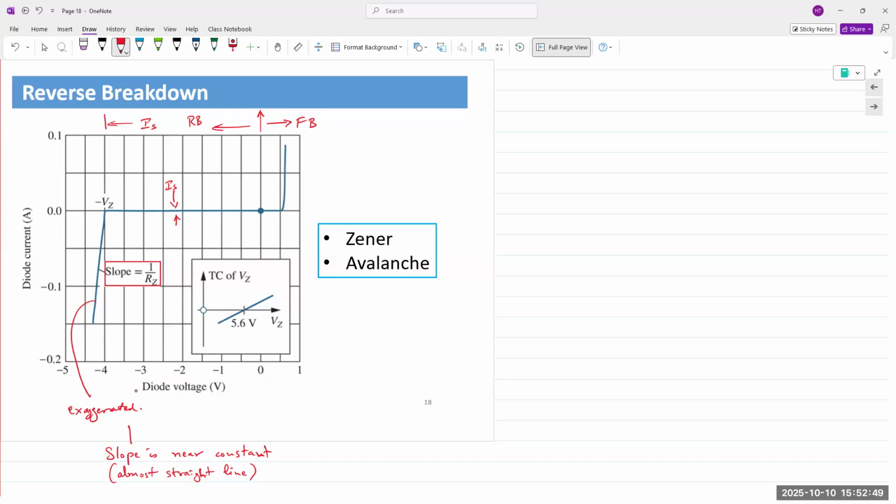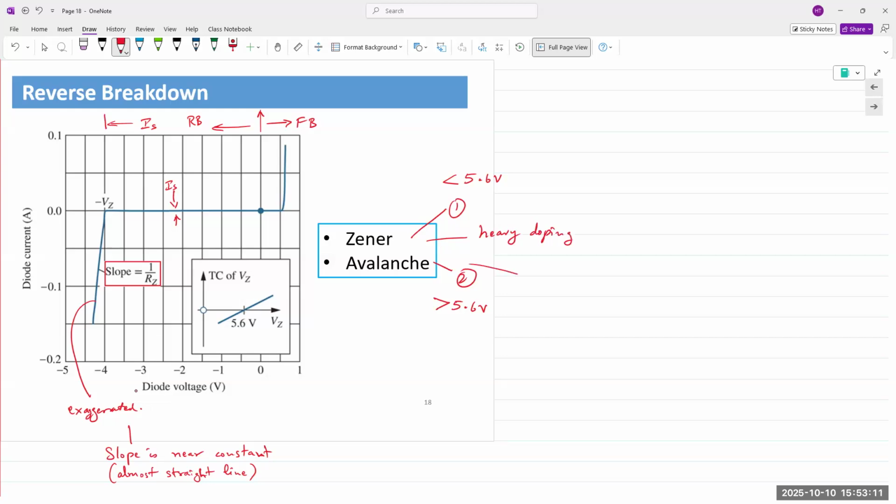So there's the Zener effect, or Zener mechanism, and there's the avalanche mechanism. This is for less than 5.6 volts. This is for greater than 5.6 volts. The Zener effect is a result of heavy doping.